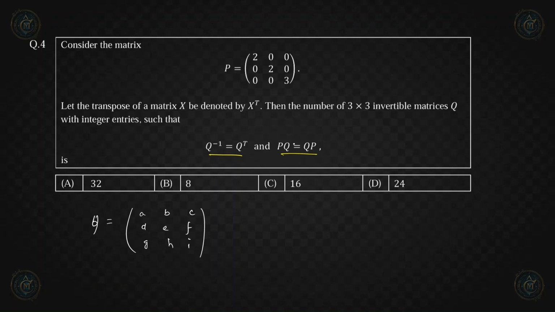Then we equate so that we can find the relation between these numbers. Let's find PQ, which will be 200 020 003, times A, B, C, D, E, F, G, H, I.